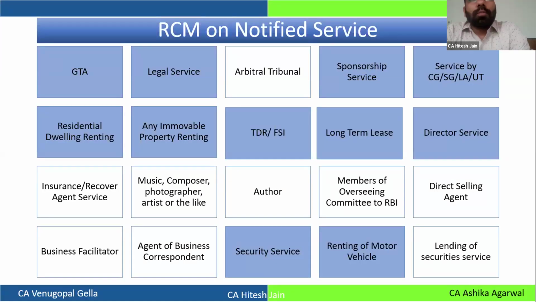So these are the major services which come under the RCM scenario, which have been notified through a notification, the principal notification being 13/2017, which has been amended and keeps on being amended till date.